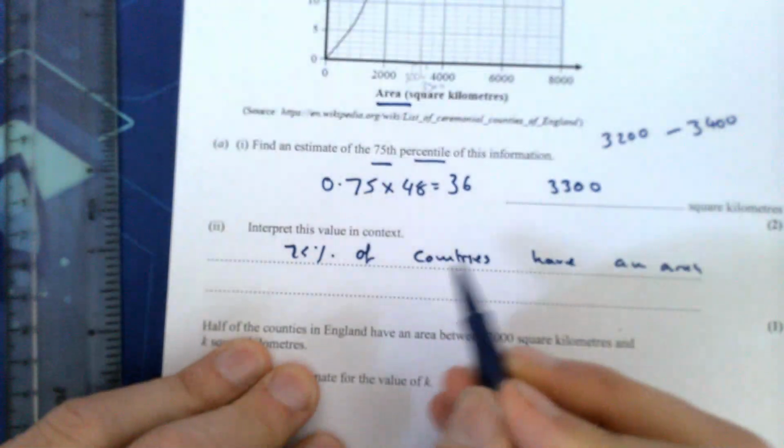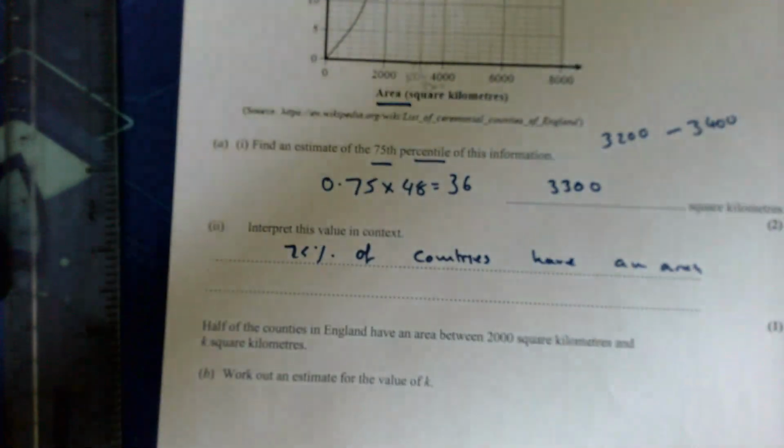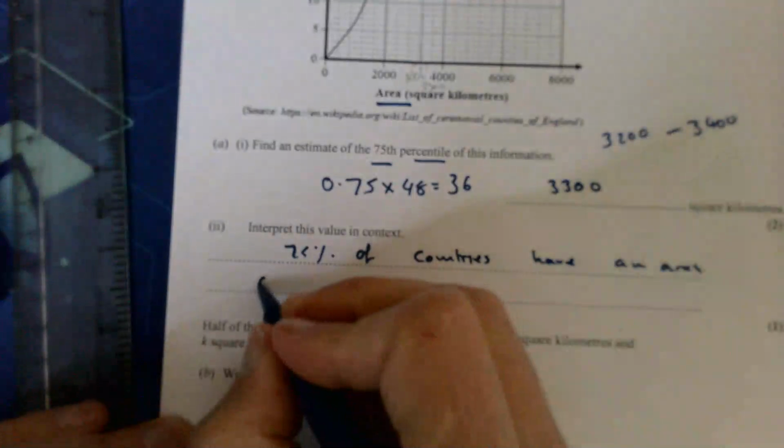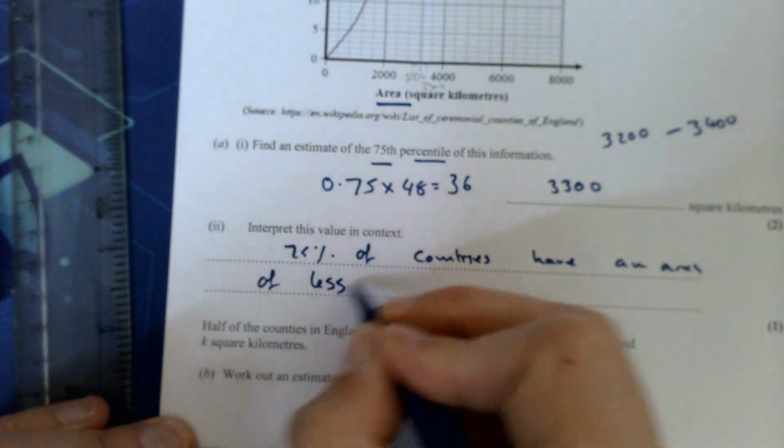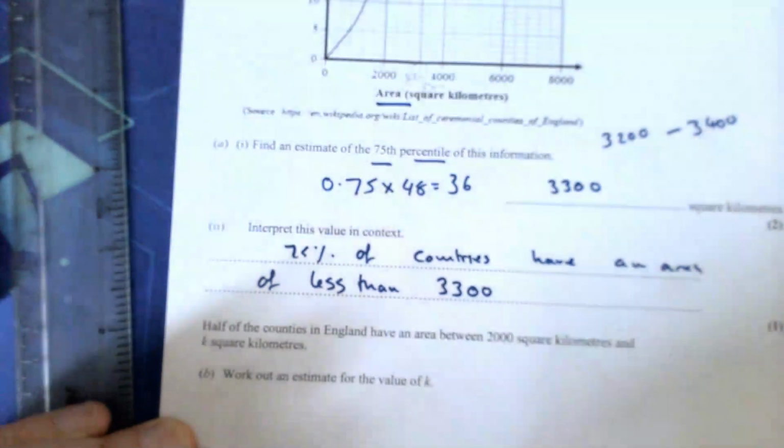We just got to start thinking what's in the question to help me. An area of less than 3,300.